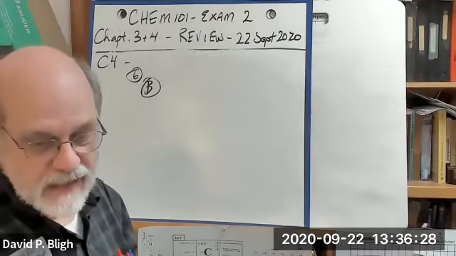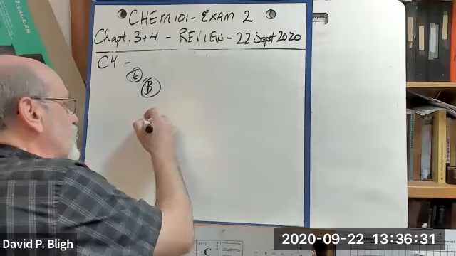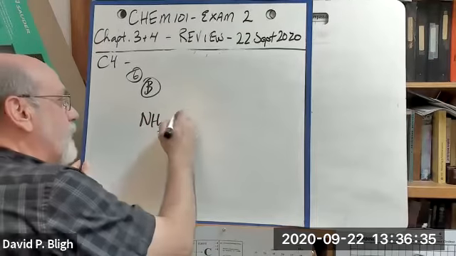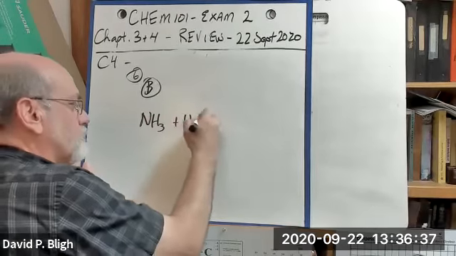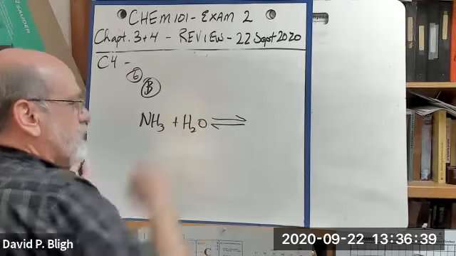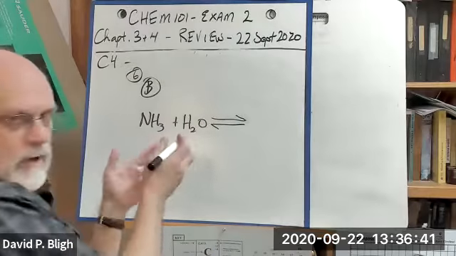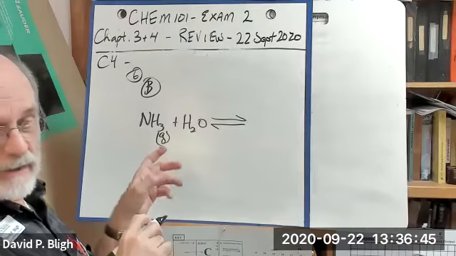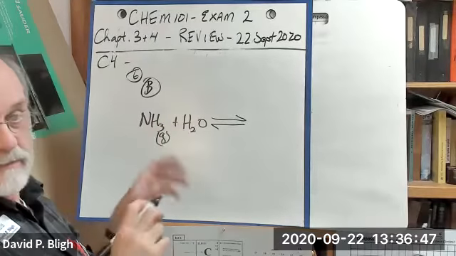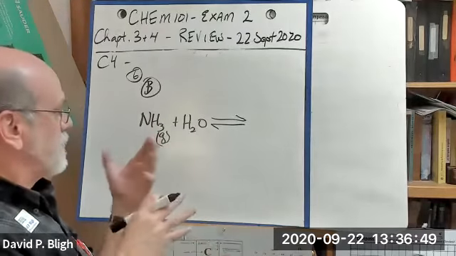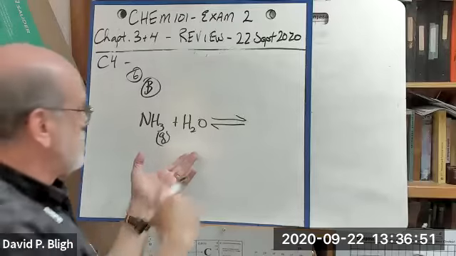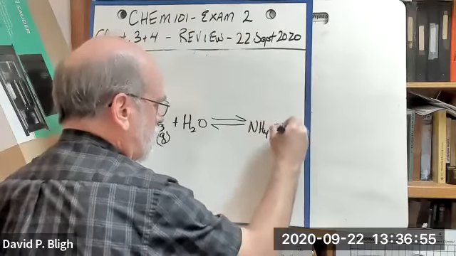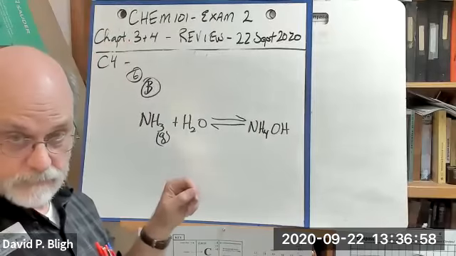If we didn't cover that in class, I'm telling you now, this is a weak base. Why? Because when you put it in water, what does it do? Ammonia is a gas. When you bubble it through water, dissolve it in water, it reacts with the water and produces that.